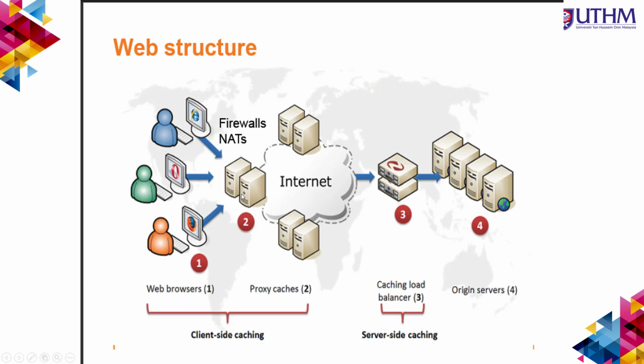For example, step number 2, the proxy caches, and then we have server-side caching, and then go to the web server. So this is the general infrastructure of the web.